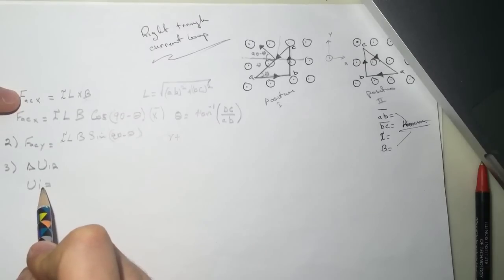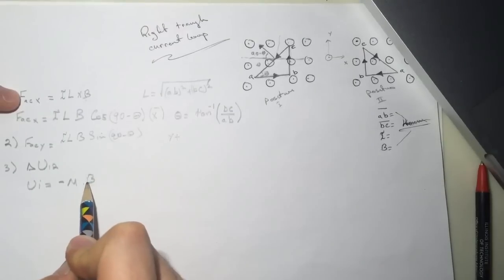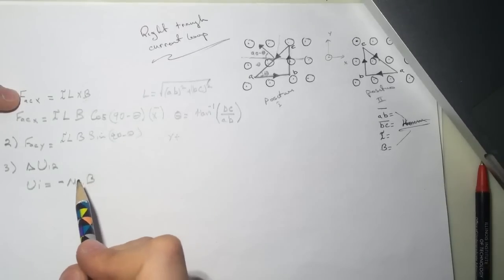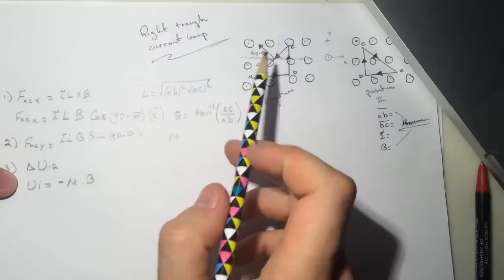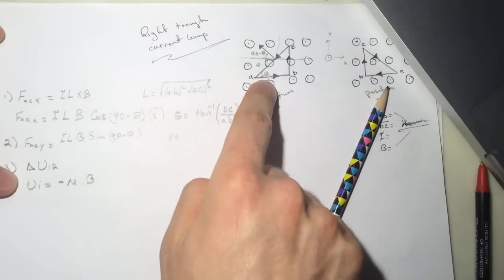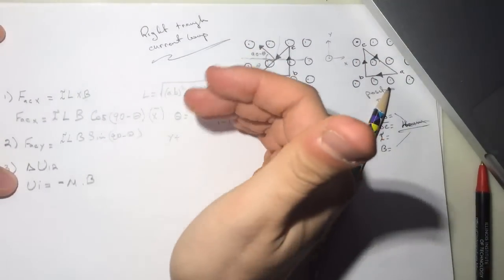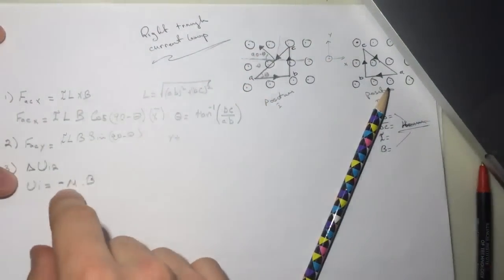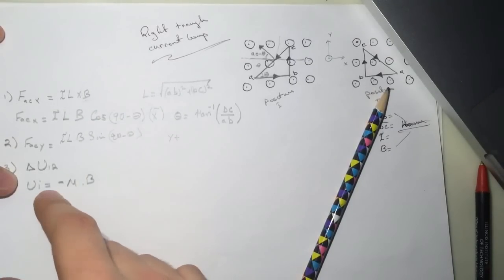So the initial potential energy is equal to minus μ dotted with B. If you want to find the direction of μ, curl your fingers with the current, so if it's going this way, curl your fingers this way with the current, and then your thumb will be pointing with the dipole moment, the magnetic moment.